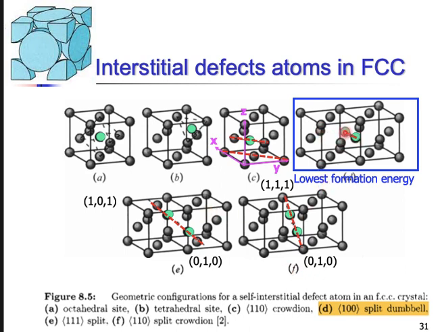Based on the direction of the line linking these 2 atoms, that will result in different names or different kinds of self-interstitial defect. The reason the textbooks introduce more and focus on the split dumbbell is that it has the lowest formation energy.